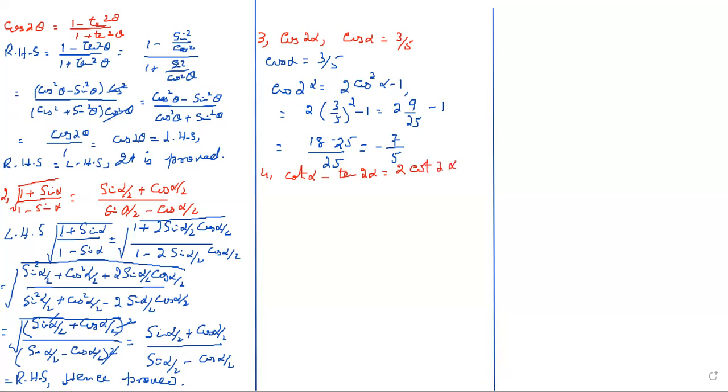Right, now come to this. Okay, taking left hand side, we have cotangent alpha minus tangent alpha.